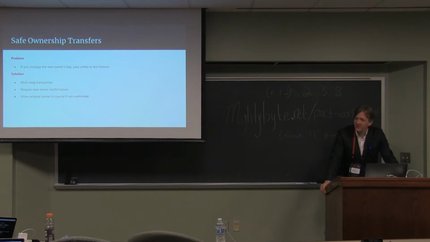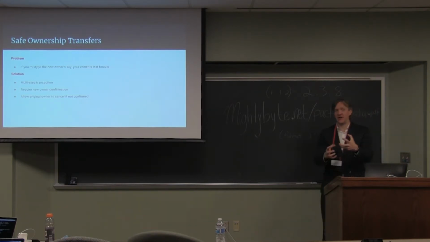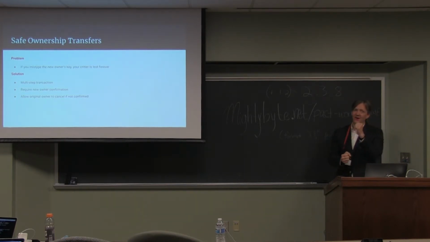The way that we want to solve it is with a multi-step transaction. So first of all, instead of actually transferring the critter, where completing the transfer means setting the owner field to the new key, we want to make some note that we are transferring.